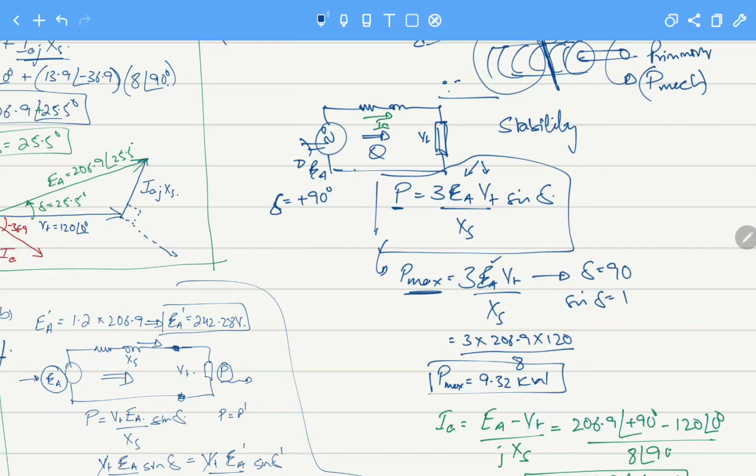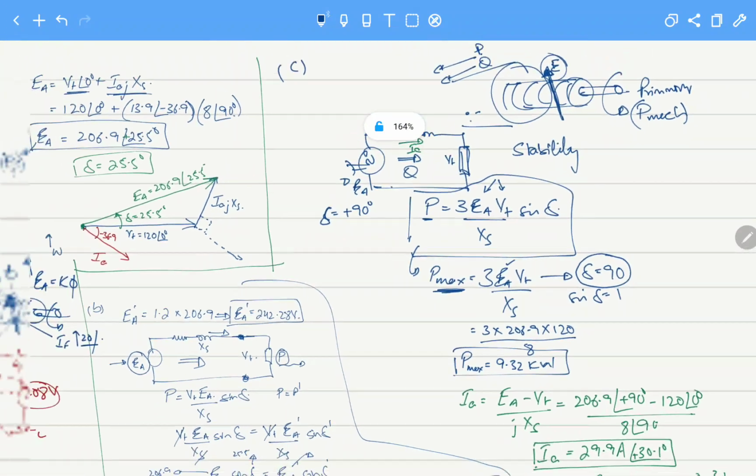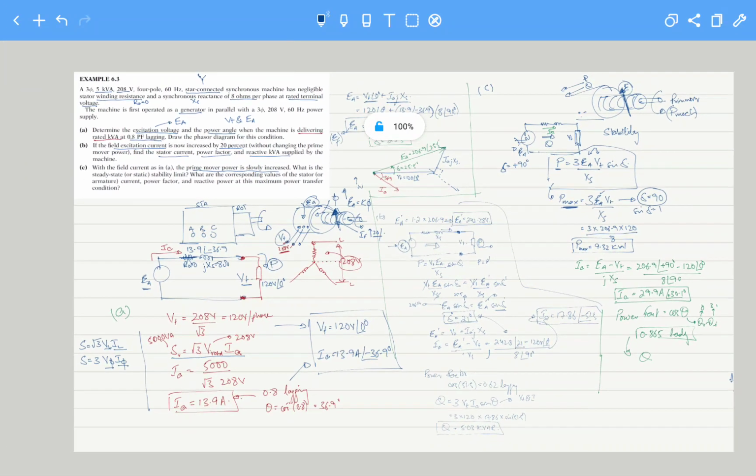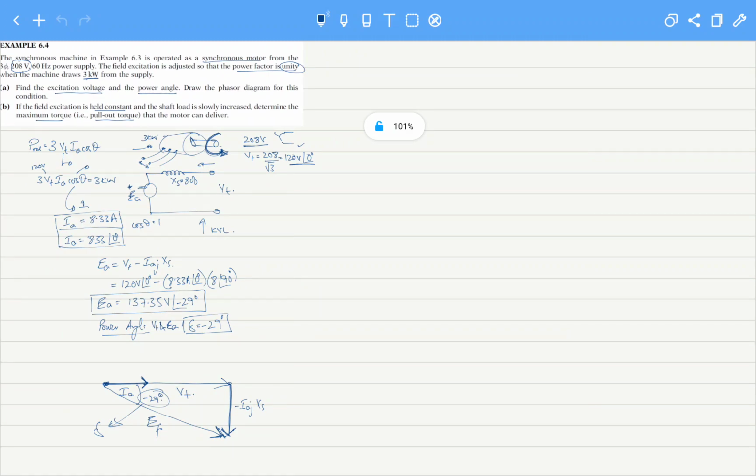For the maximum power condition, we consider that delta is 90, and this will be the maximum power that the machine can deliver. That is the stability limit. It is also, for the motor, known as the pull-out torque. That means after we increase the torque beyond this value, the motor will start to slow down and stop.